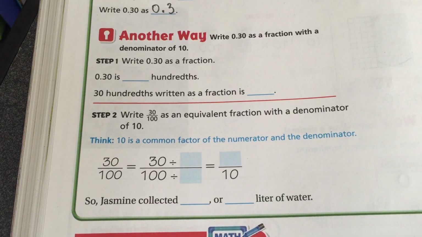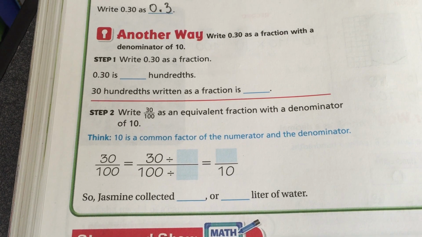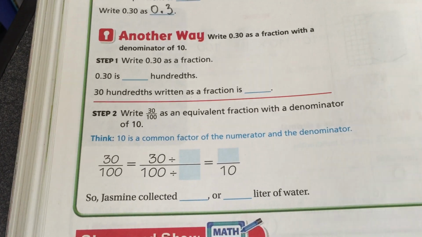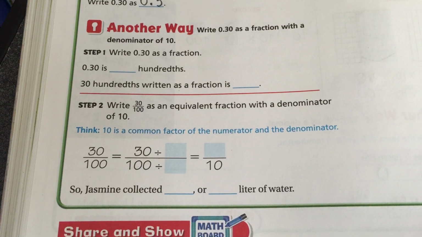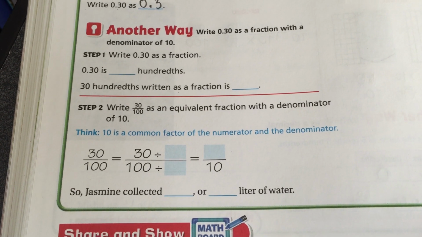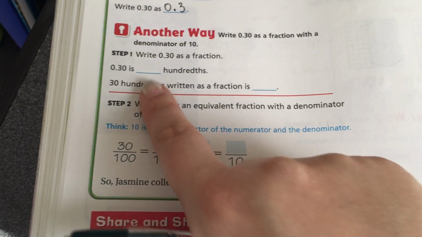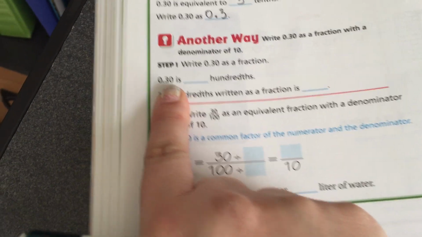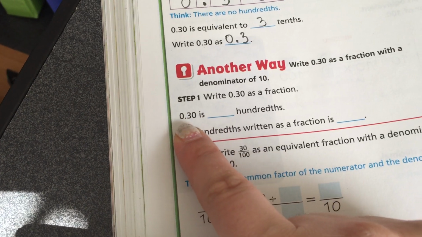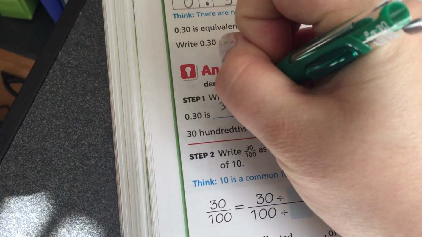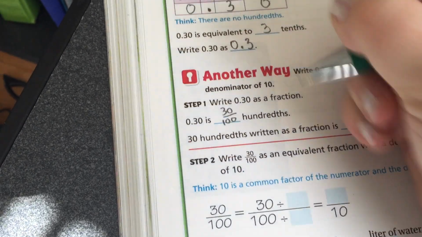All right. Another way says write 0.30, so 0 and 30 100ths, as a fraction with a denominator of 10. So 30 100ths and 3/10 are the same thing. So we know that we need to write it as a fraction. Because it's written with a 3 in the 10ths place and a 0 in the 100ths place, that means it's 30 100ths.